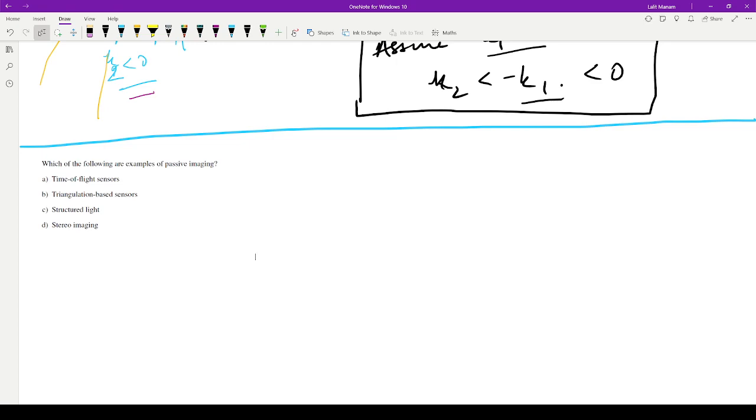Passive imaging, active imaging. I guess active imaging was defined in the first lecture of this week, week 9. So it's just the opposite. What is active imaging?